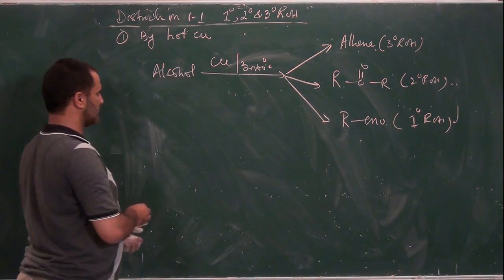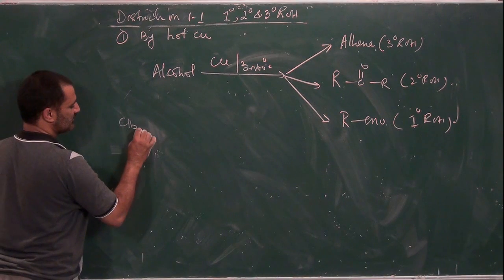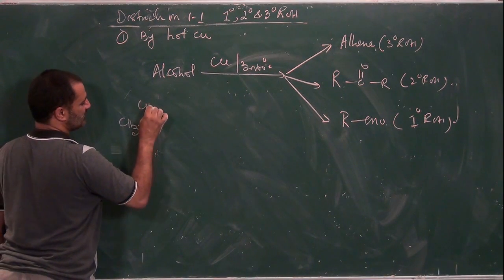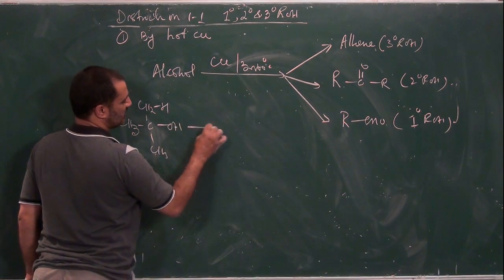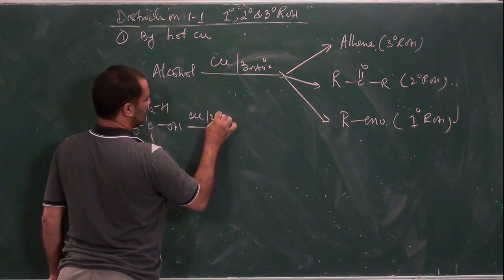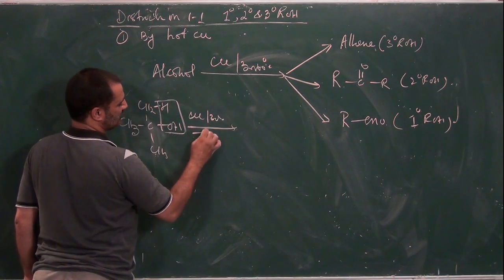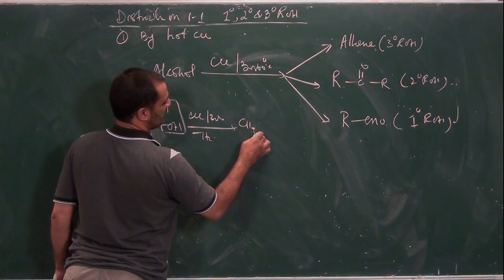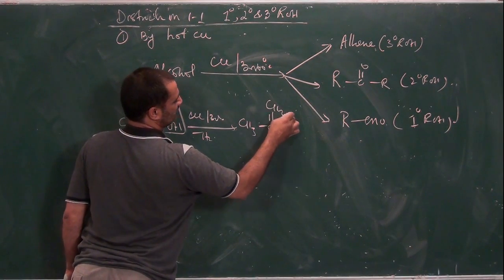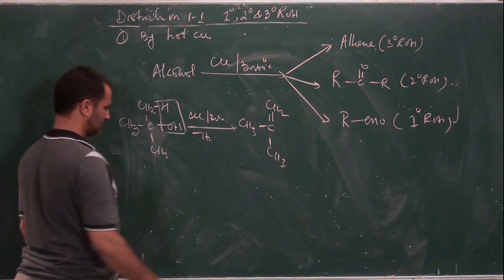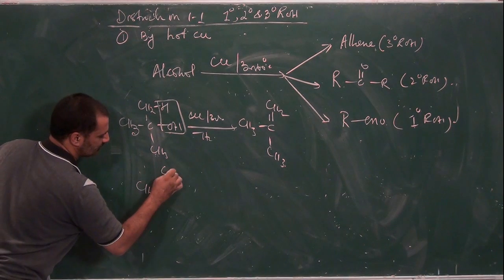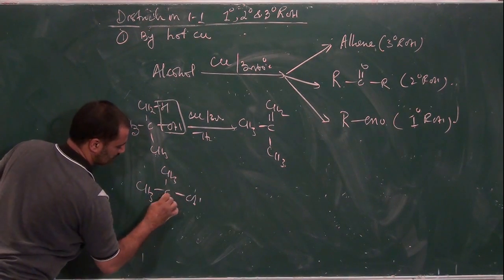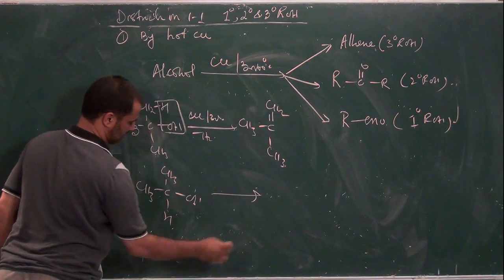So simply, (CH3)3C-OH by hot copper, dehydration takes place, so there is formation of alkene. If it is secondary alcohol, it is dehydrogenation.